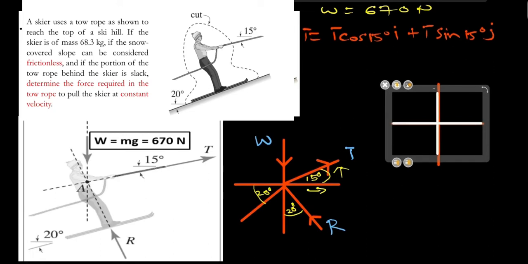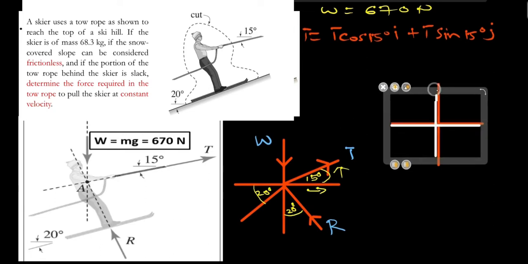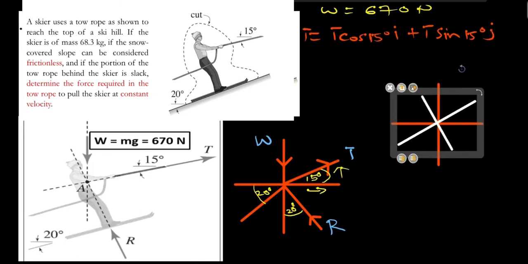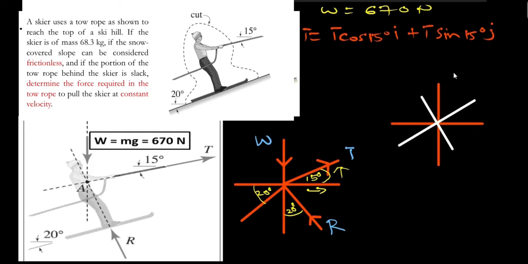Okay, so I'm going to rotate this in the anti-clockwise direction. So when I rotate this, look at what you have here. You realize that the angle I will have here will be the same as the angle I will have here. Same here, same here.